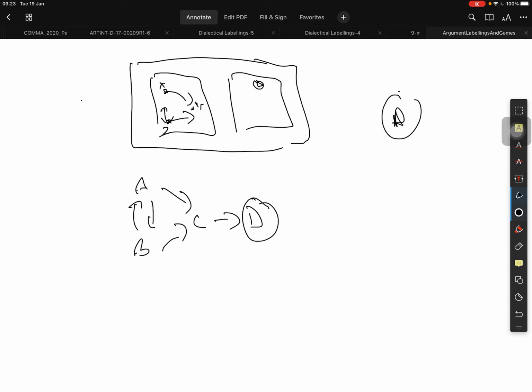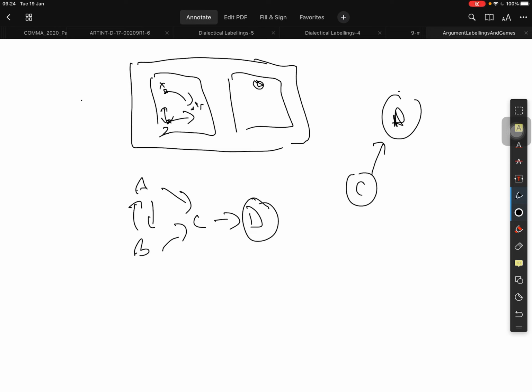The user selects D. Is D in a preferred labeling? Then automatically the computer will look in the framework and see, is there any argument in the framework that attacks D? Yes, indeed, C. So then the computer will play the next move, which is C. Right? C attacks D.